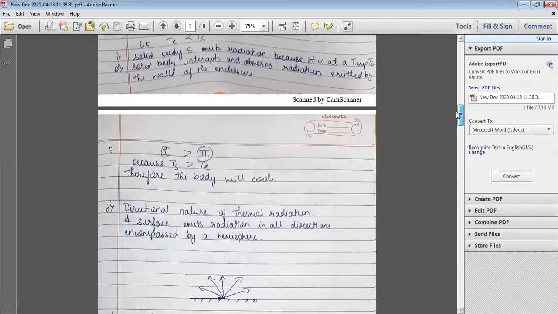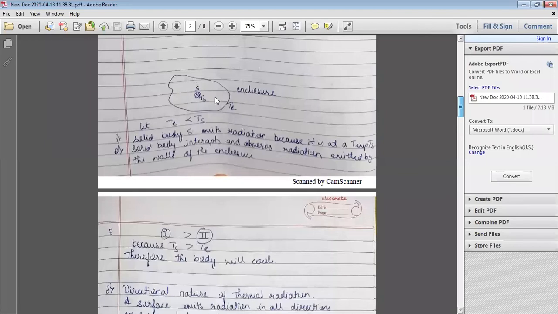That means that in our further studies, there is a material medium between the two surfaces, but this material medium we consider either as a vacuum or as an air medium. If I consider this as an air medium, I'll consider this as not participating in any of the radiative exchange.